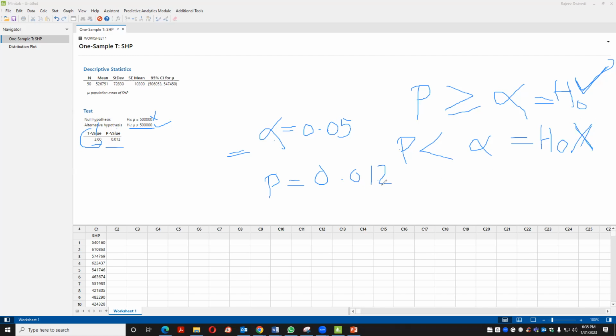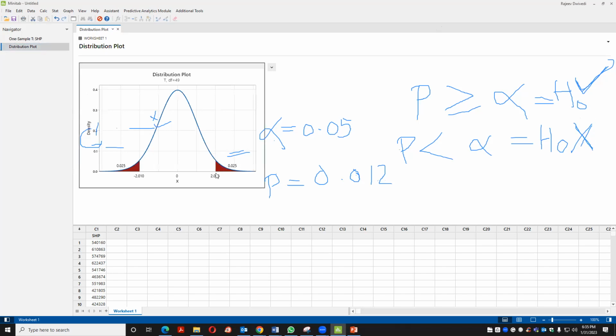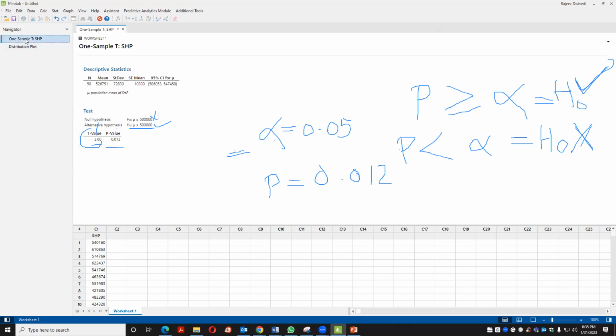Why is this happening? The reason is very simple. Because you can see this part. This is 5%. It is getting rejected at 95%. I can demonstrate it in a different way. T value is 2.6.